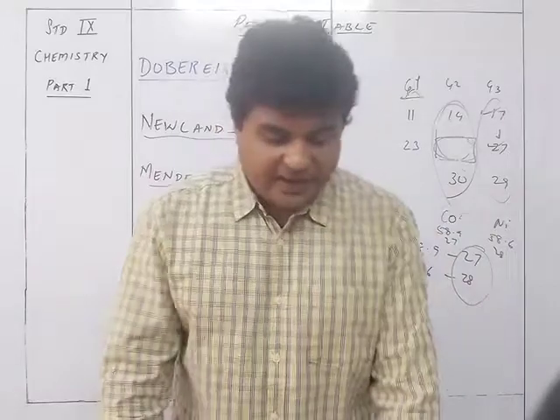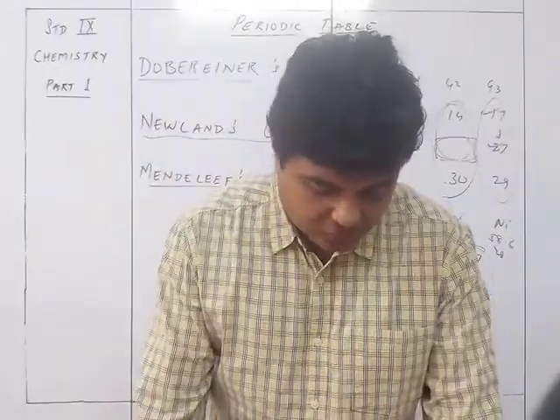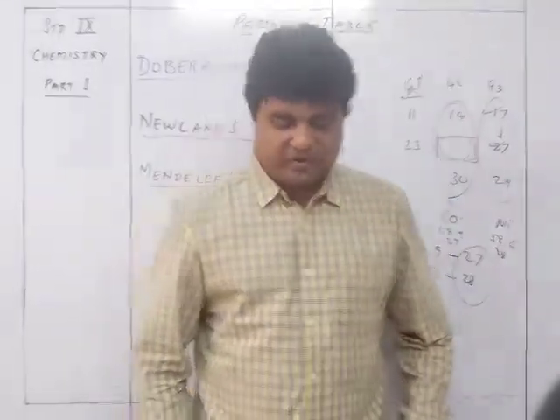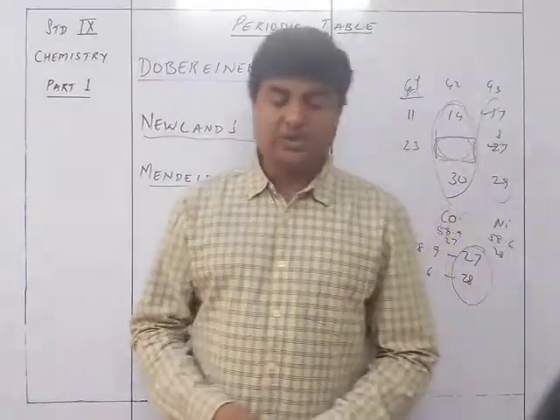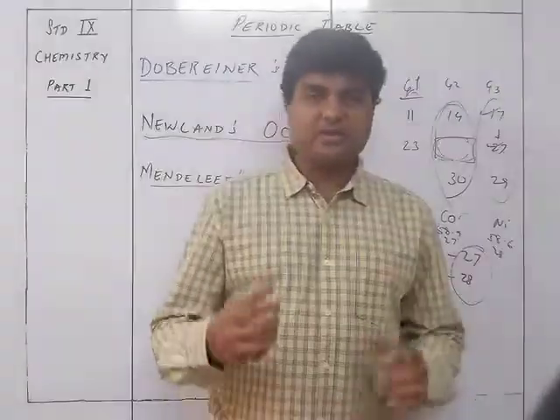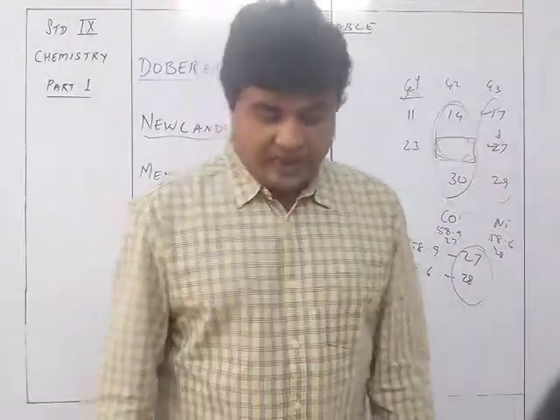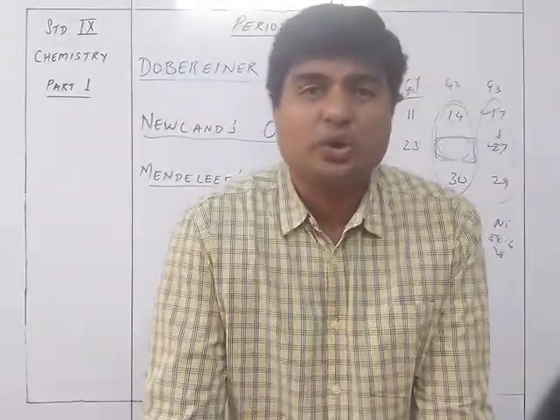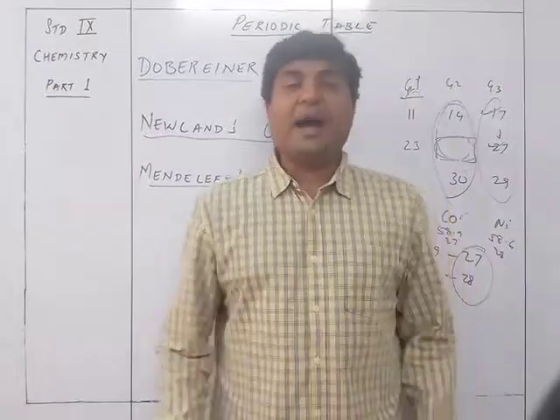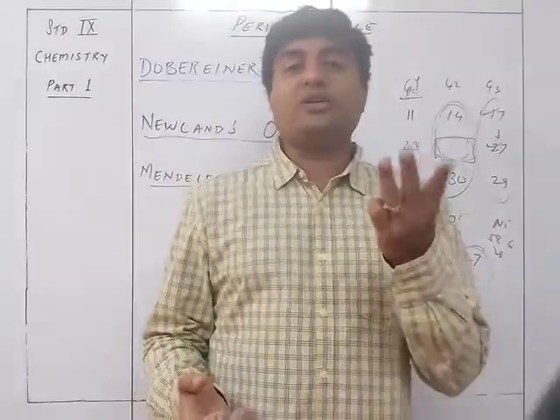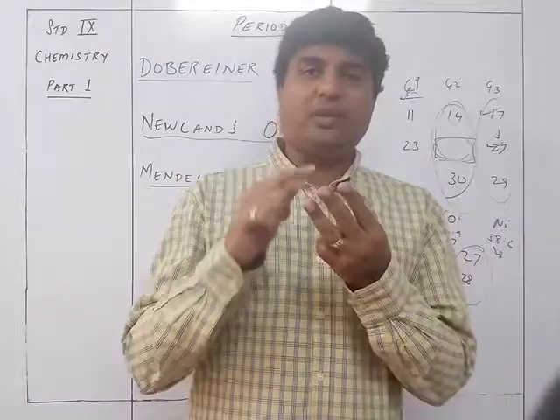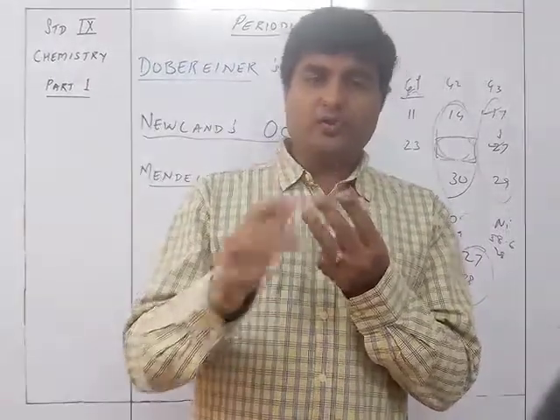The position of rare earths and actinides could be justified only if arranged according to their atomic number. So there was no position for the rare earths and the actinides which are there in the modern periodic table. Also, the position of isotopes was a problem, because isotopes are of the same element but have different atomic masses. Hydrogen has three isotopes: hydrogen 1, hydrogen 2 and hydrogen 3.